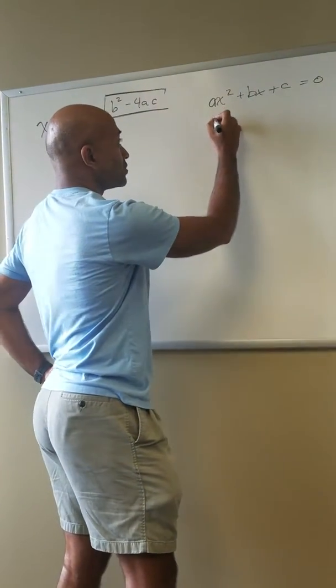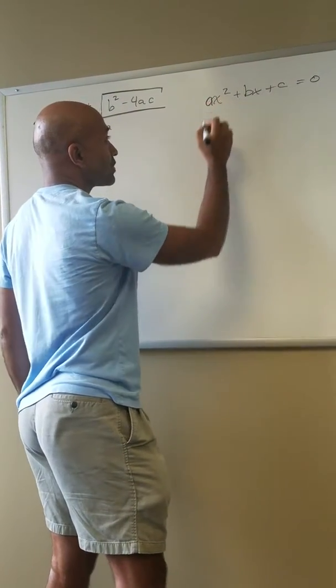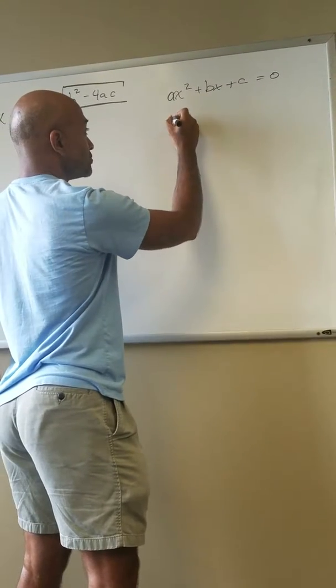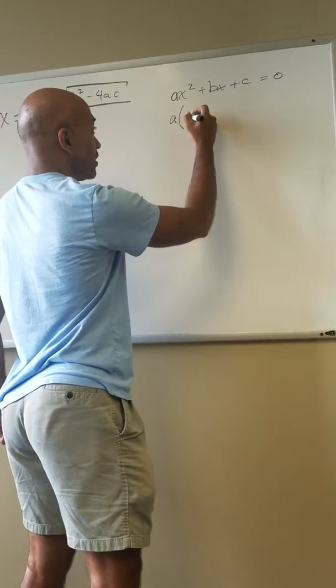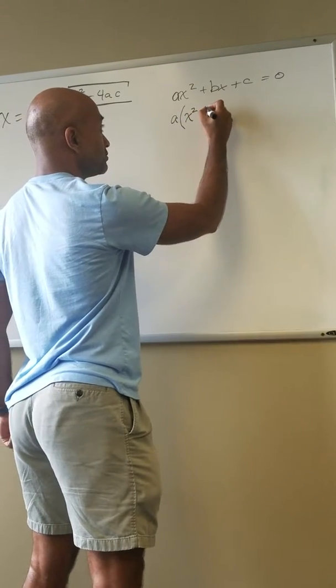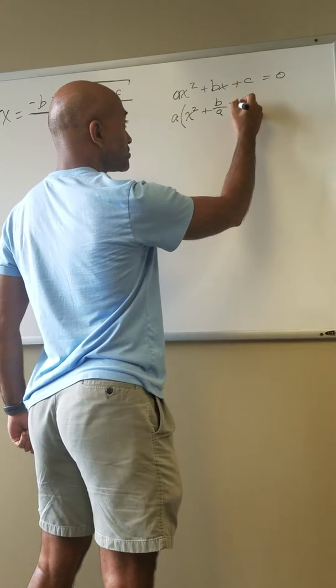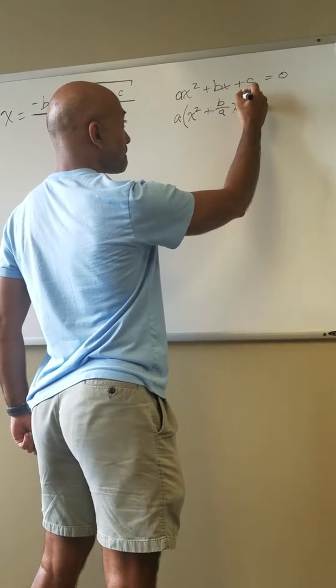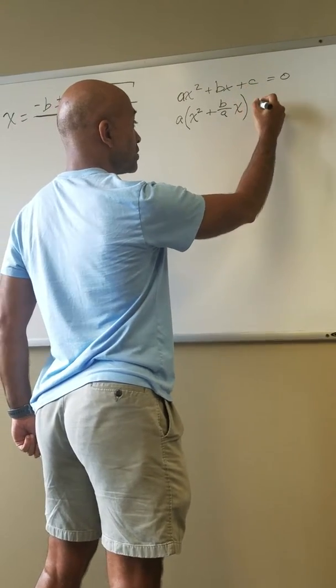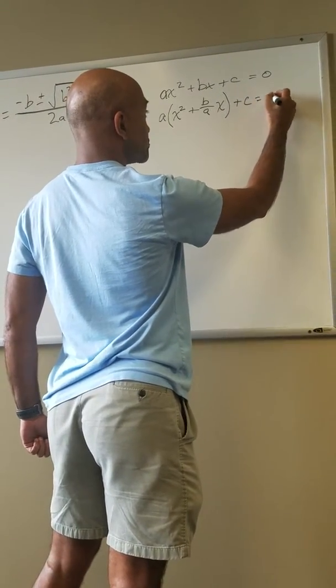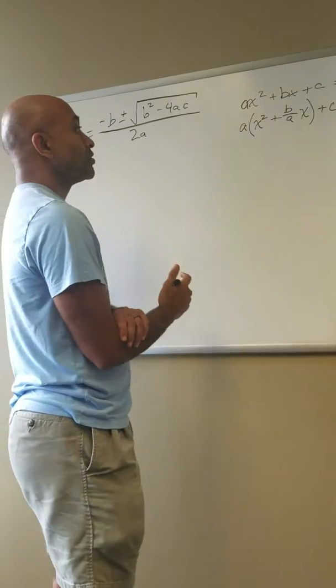So the first thing we're going to do is factor out an a from this term and this term. The way we do that is we do a times x squared plus b over a x plus c, okay, is equal to 0, okay?